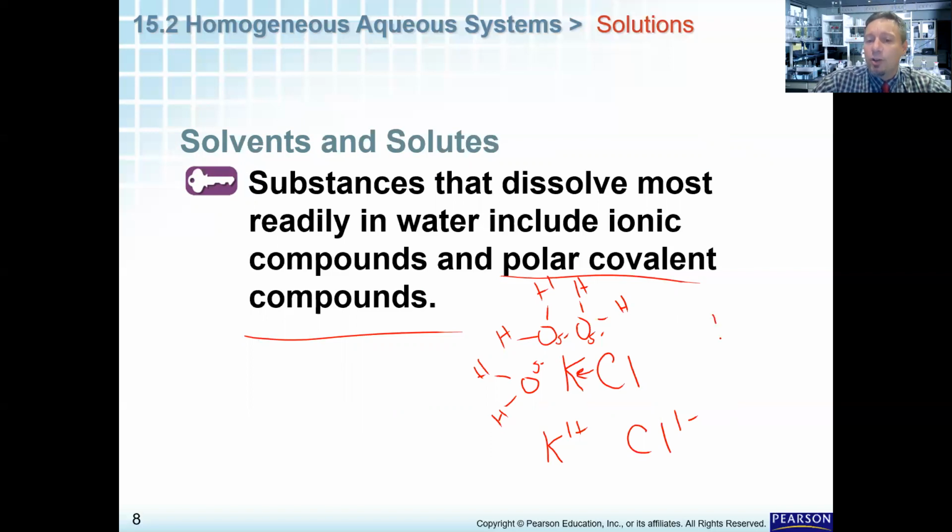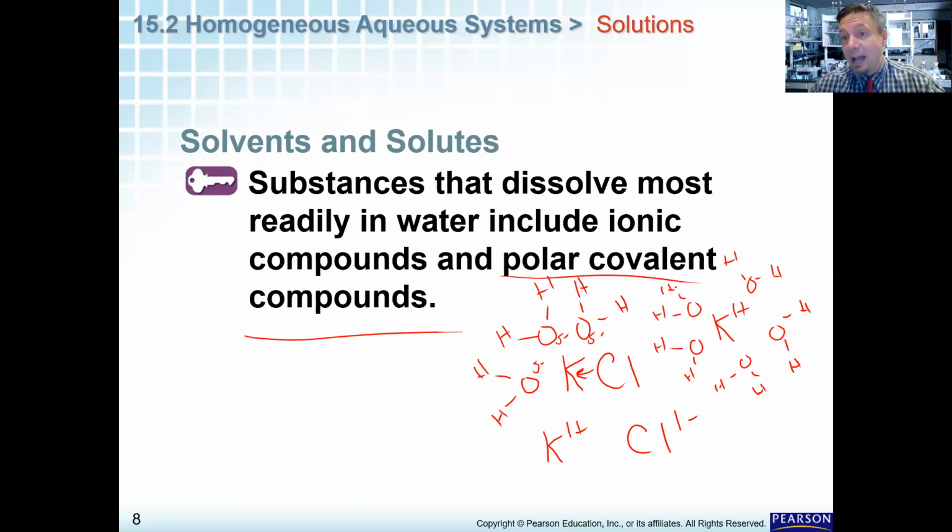So now you're going to have the potassium 1+ with all these water, the oxygen parts of water. And I'm just going to quickly draw this because this is a really important concept right here. We're going to define it later, solvation, a little bit later in this virtual lesson. But that's what we have going on here.